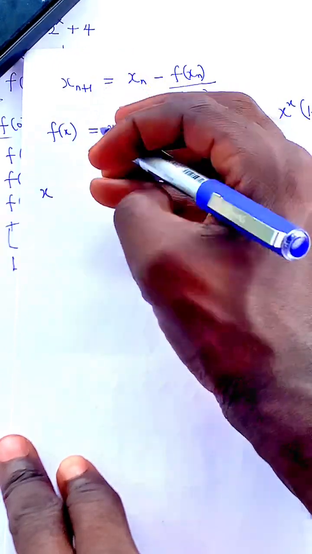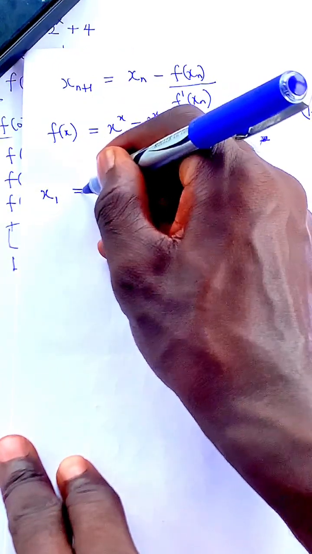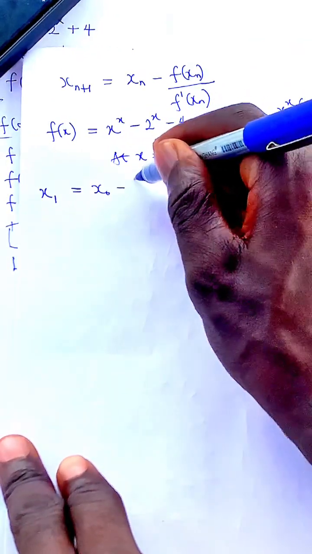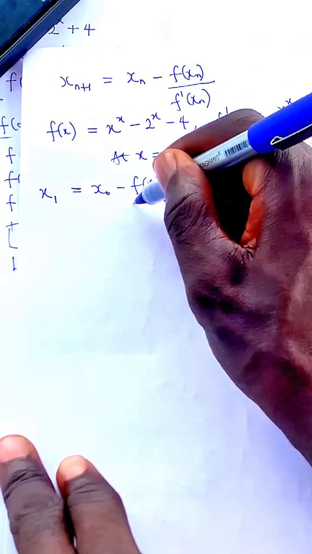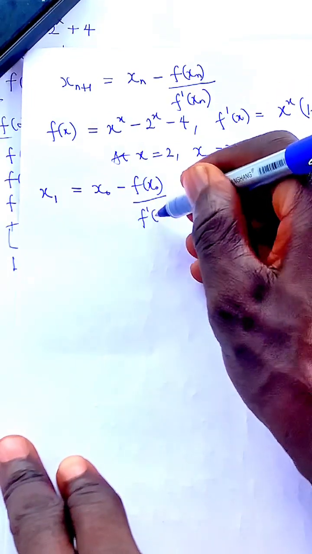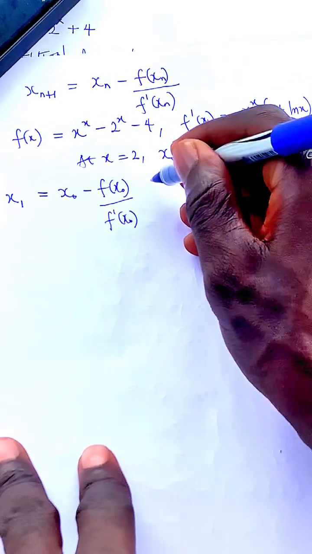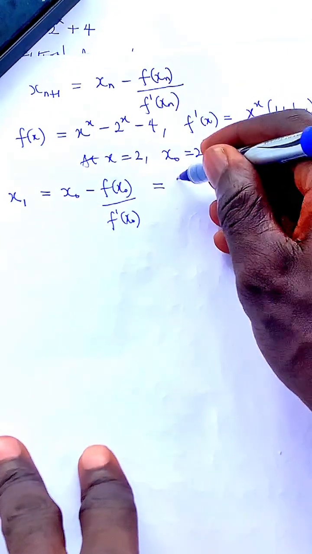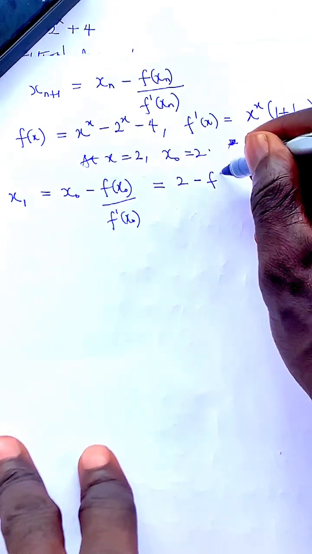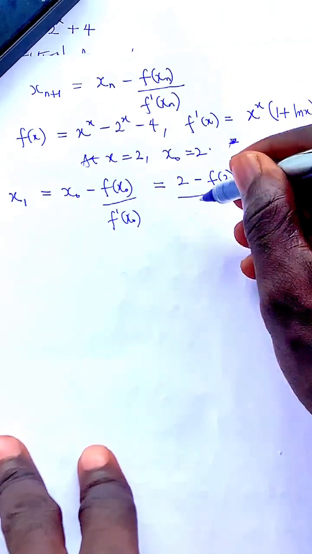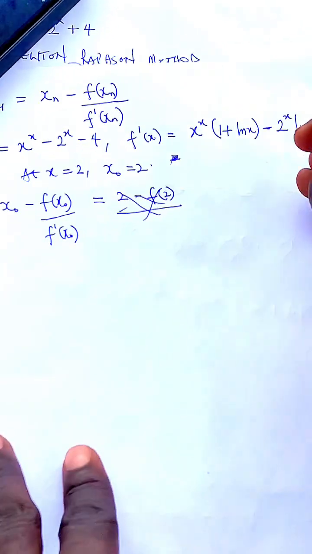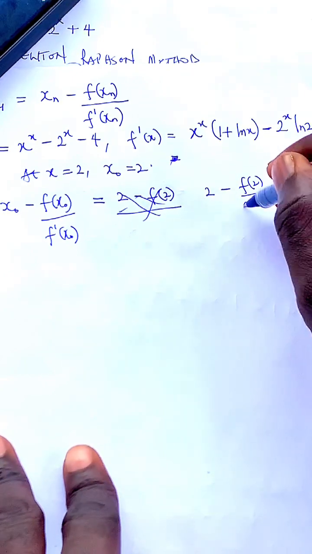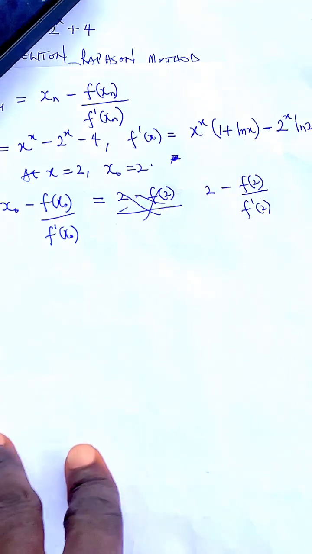So if we call it x naught, then here will be x 0 plus 1, which is x 1, is equal to x naught minus f of x naught all over f prime of x naught, which is equal to x naught is 2 minus f of 2 all over f prime of 2.